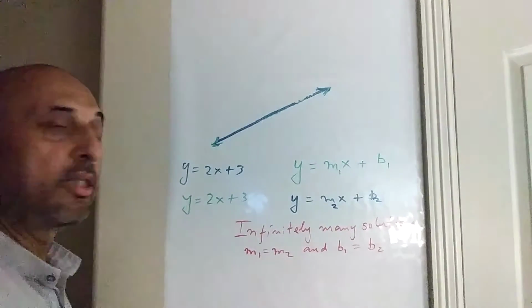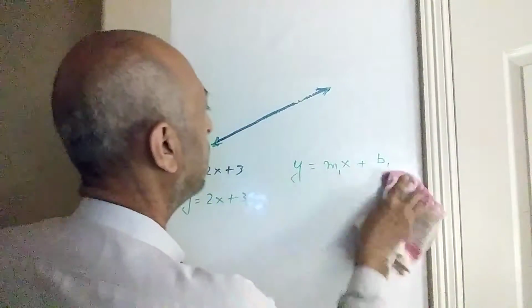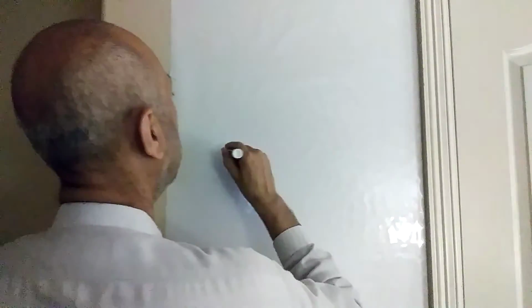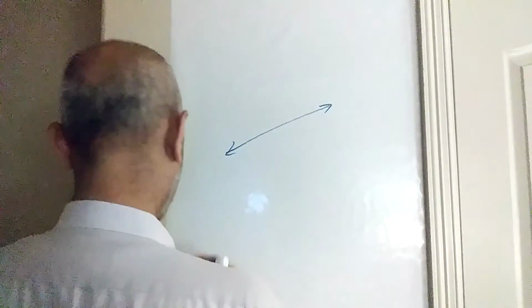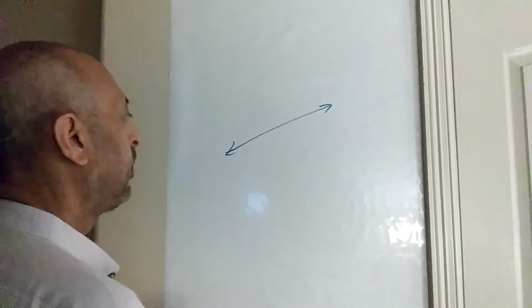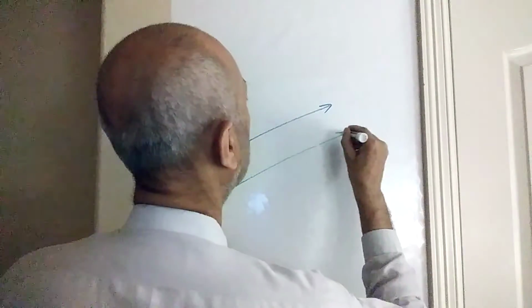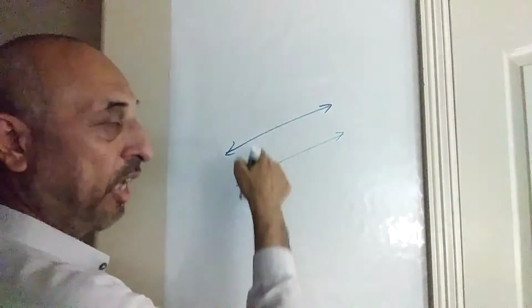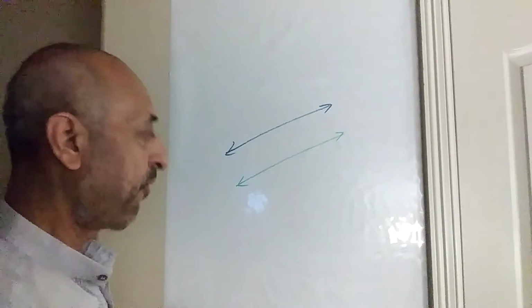The other situation that I talked about was when the lines were parallel, and when the lines are parallel, that means the slopes are the same, but the y-intercepts are different.